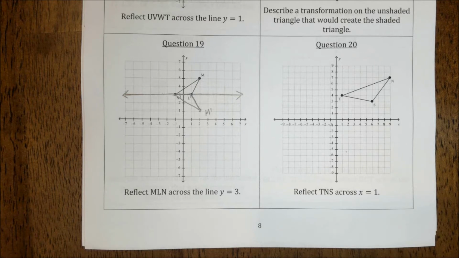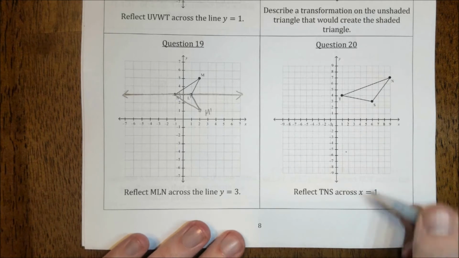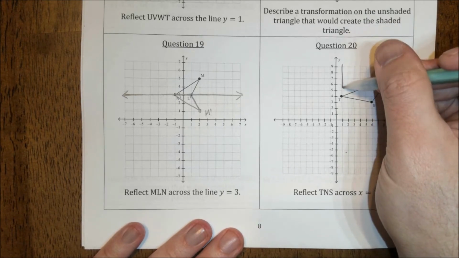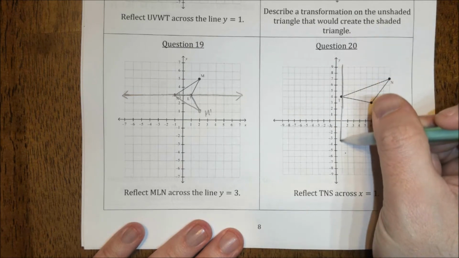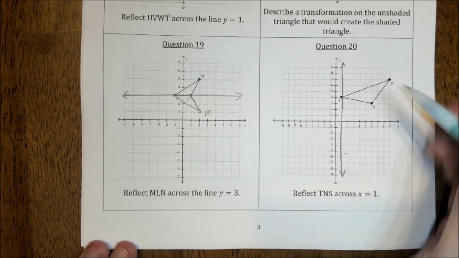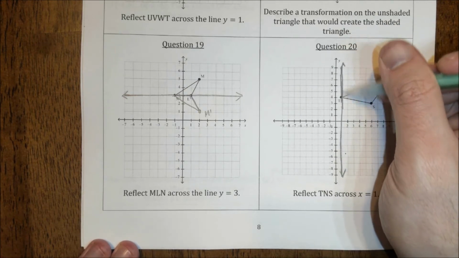Question 20 wants us to reflect TNS across x equals 1. We need to go to the x-axis, which is right here. We need to go to 1, which is right here. We need to draw our mirror through the 1 on the x-axis. T doesn't move because it's on the mirror.